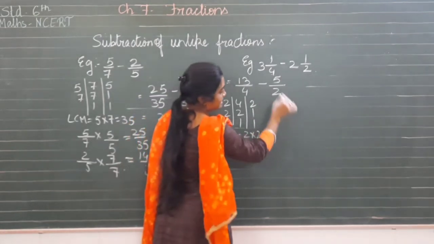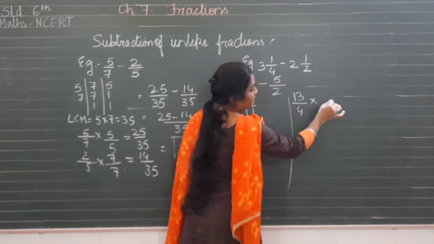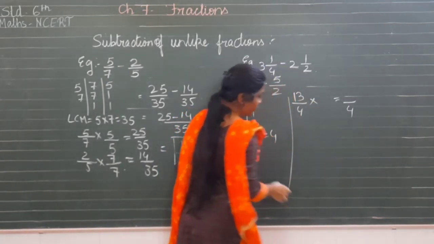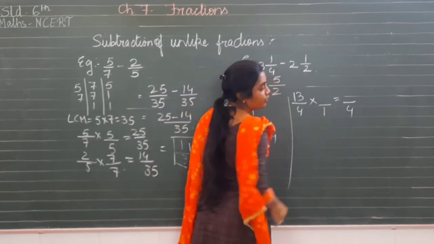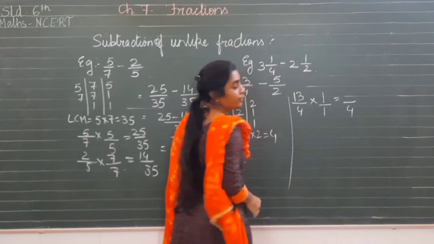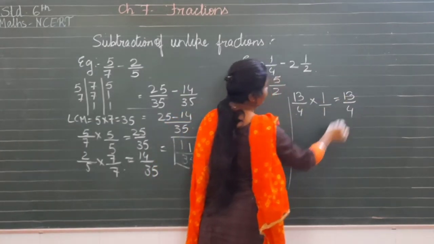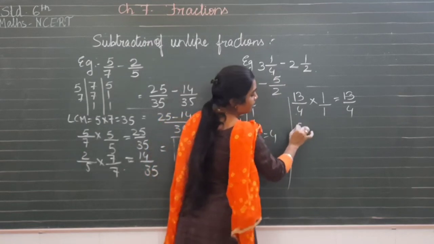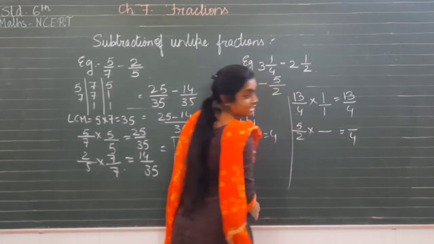Now let us take these numbers. 13 upon 4, multiply by 1 in denominator and numerator, because we got the LCM 4. 4 1s are 4 and 13 1s are 13. Now let us take 5 upon 2. Our LCM is 4.